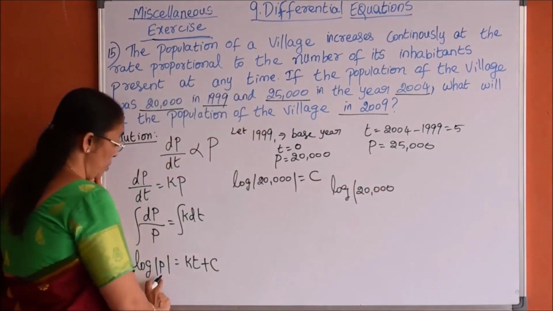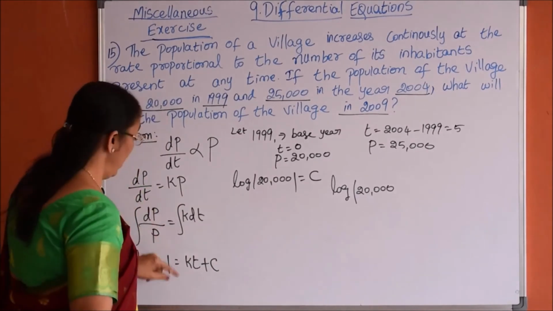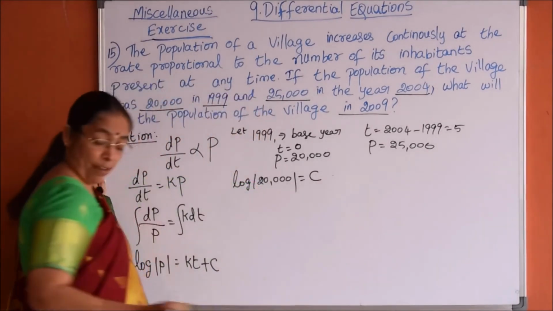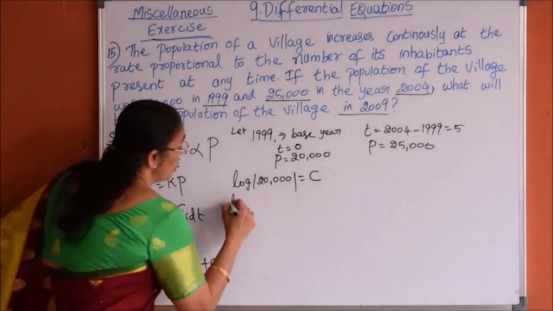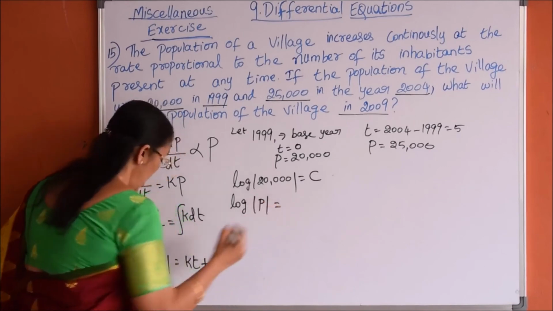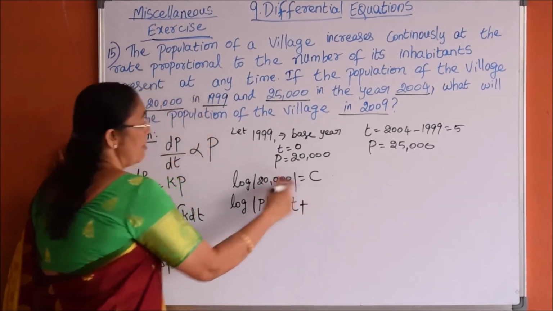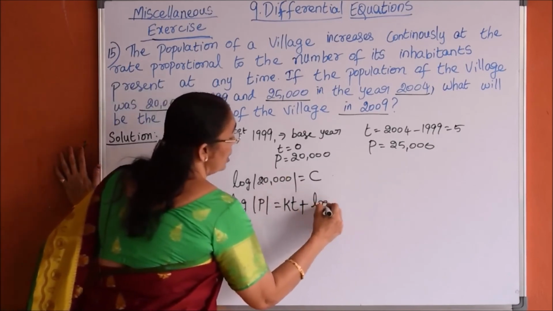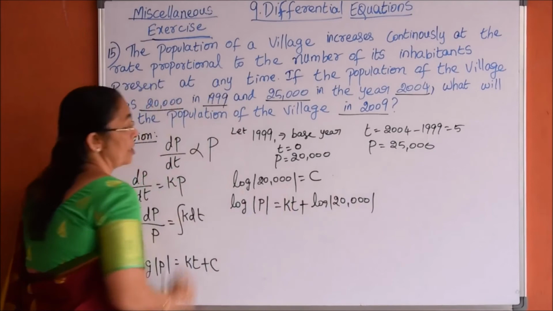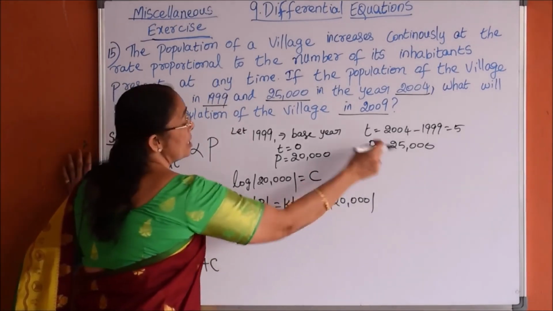First let me frame the equation, then we find the k value. So this implies log mod P is equal to k into t plus c, where c is log mod 20,000. Now we find out the value of k using the other information.